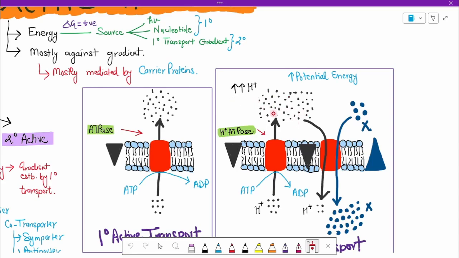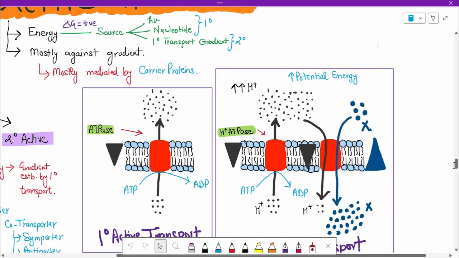These accumulated protons have potential energy and start moving in along the concentration gradient. When they move along the gradient, they lose this energy, and this energy can be used by another molecule X to be transported along with this proton against the concentration gradient. This is what secondary active transport is.